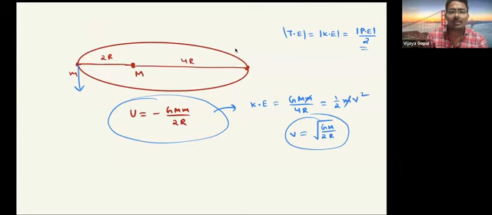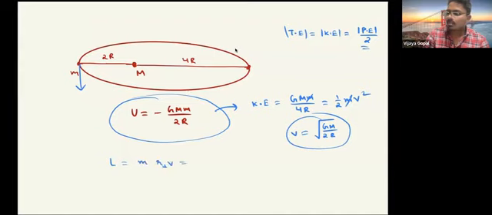Once we get the v value, what about the angular momentum formula? Angular momentum L is m into r perpendicular into v. The r perpendicular in this case is simply 2r. So small m into 2r into orbital velocity, under root of G M by 2r.